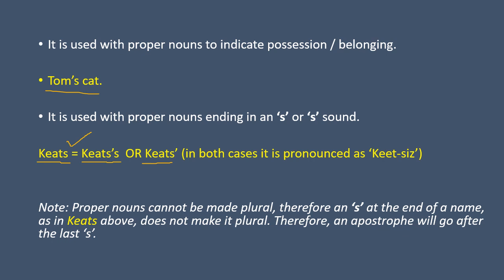So make sure that you follow the conventions that your institution follows. Okay, but I tell you, both of these are correct, and this is only for proper nouns, names of people. This rule does not apply to the words that have singular and plural using s or es. I hope you understand that.